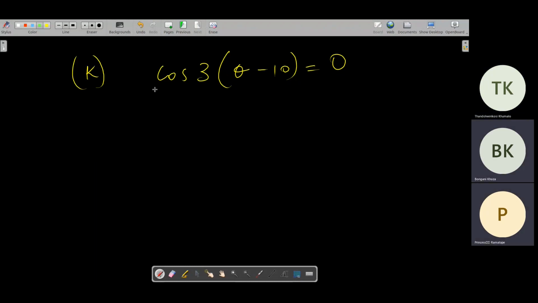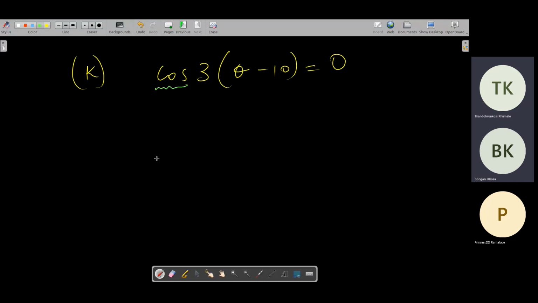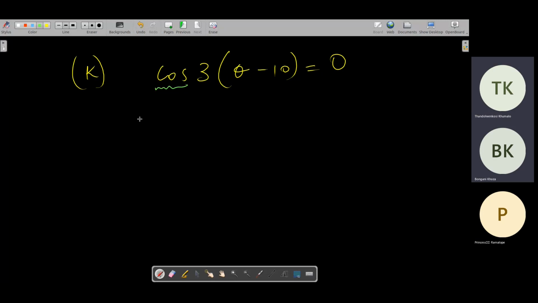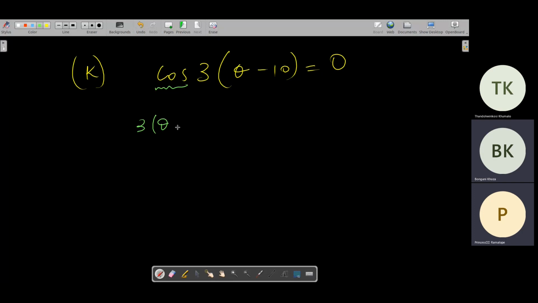So firstly, we try to get rid of cos, right? How do we get rid of cos? So you have 3 into theta minus 10 equals arc cos of 0, like that.